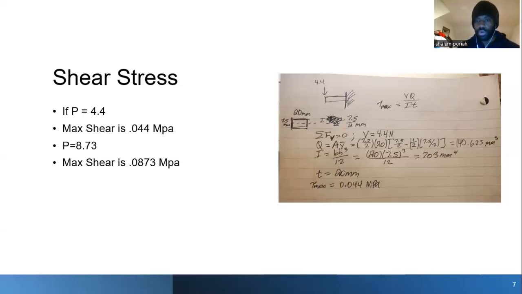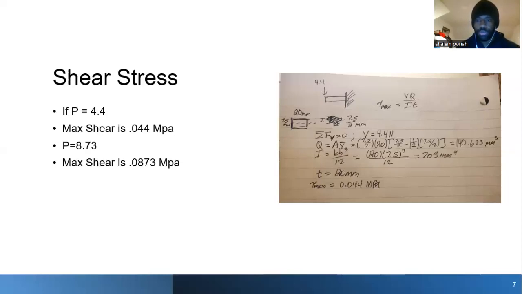But for the centroid distance, we need it from the neutral axis to the centroid between the neutral axis and the top. So we do 7.5 divided by 2 minus 7.5 divided by 2 times 1.5. Once we solve for all of it, we get Q equal to 140.65 millimeters cubed.